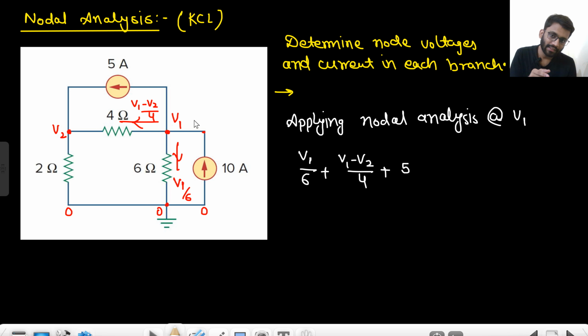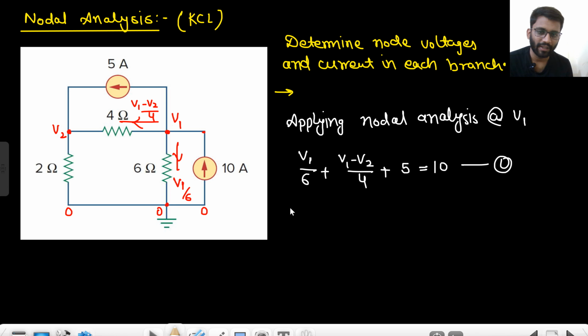It is coming into the V1 node. So you will write minus 10 equals to 0, or you can directly write equals to 10. Look, V1 by 6 plus V1 minus V2 by 4 plus 5 minus 10 equals to 0, or equals to 10. So this is the first equation.